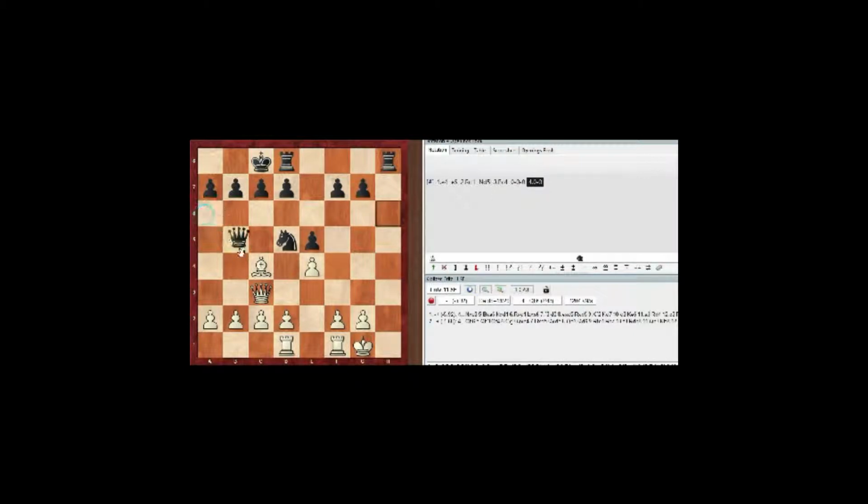Now black is capturing the bishop on c4. So you have to write Q for the queen, x for the capture, and c4, the square on which the queen captured. So it's Qxc4. Now, if you are capturing with a pawn, you have to write the line the pawn was on.